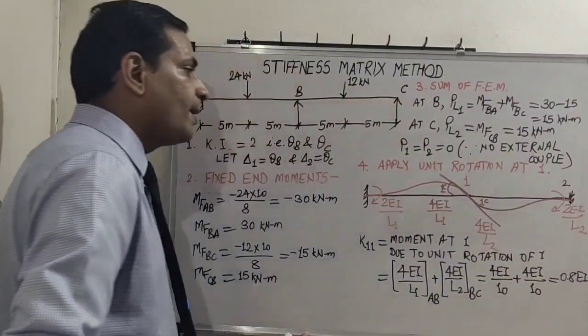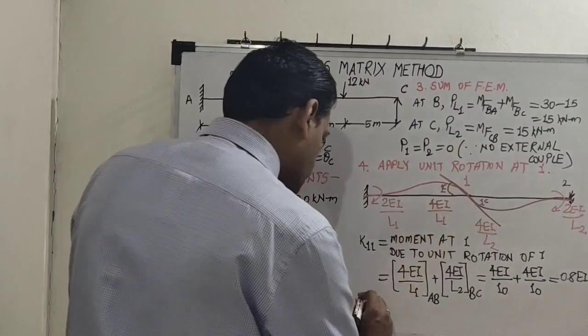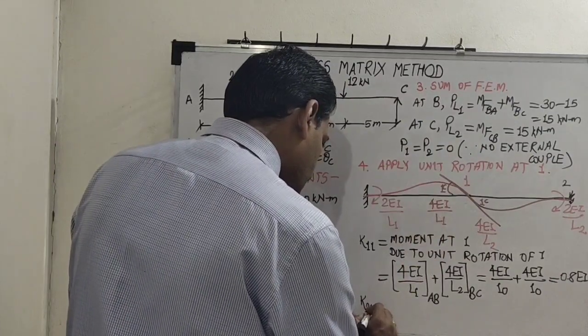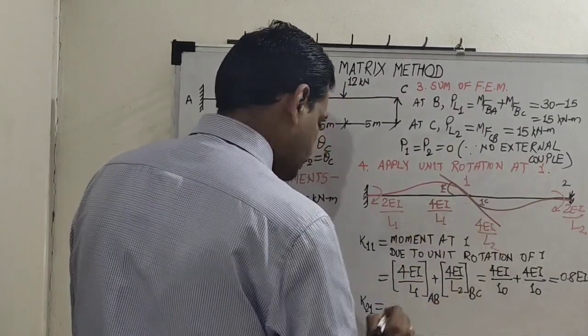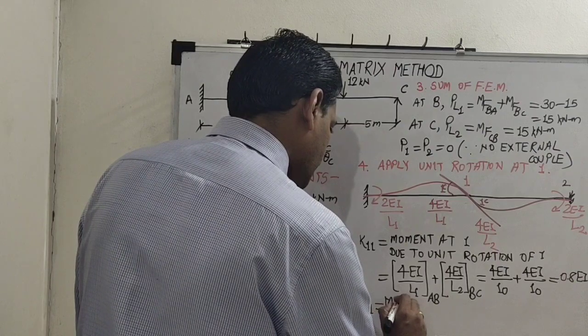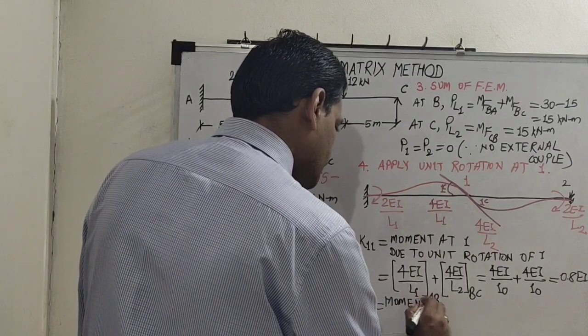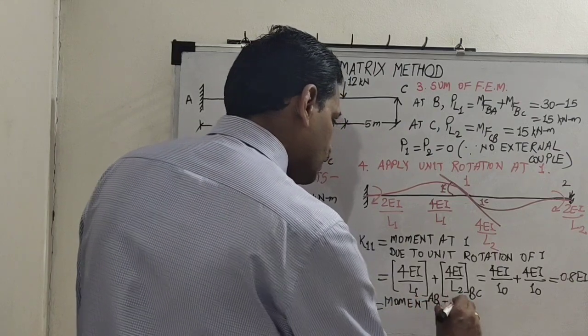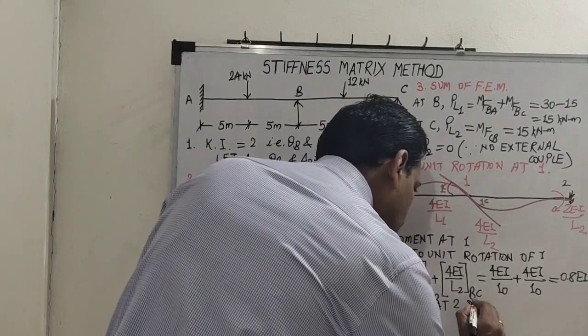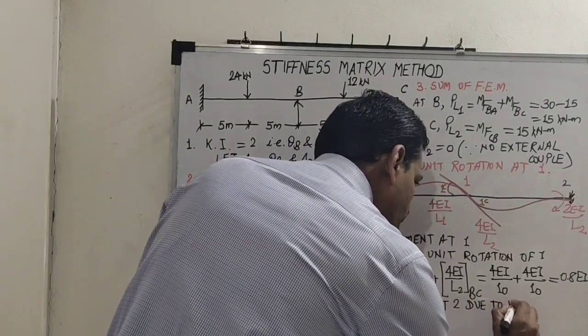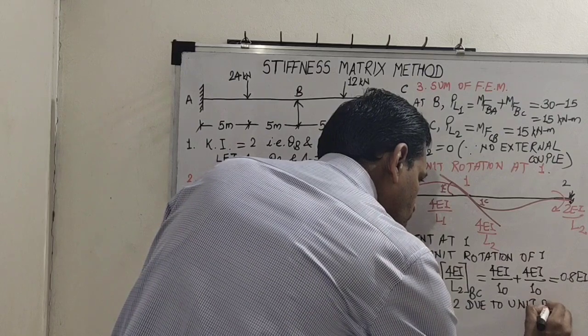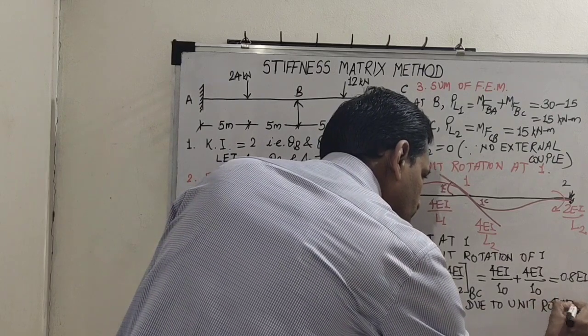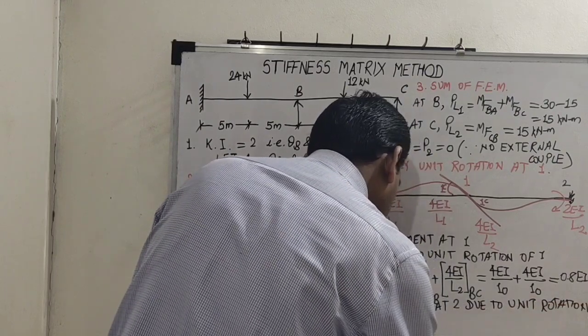Okay. Then K21, look at location 2. What is the stiffness value? 2 EI by L2. So this will be moment at 2 due to unit rotation of 1.